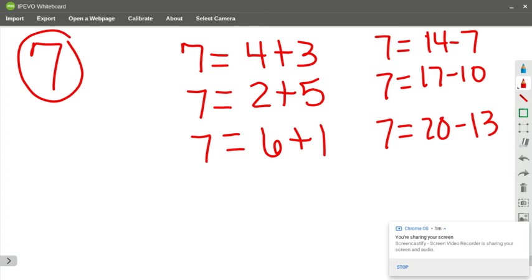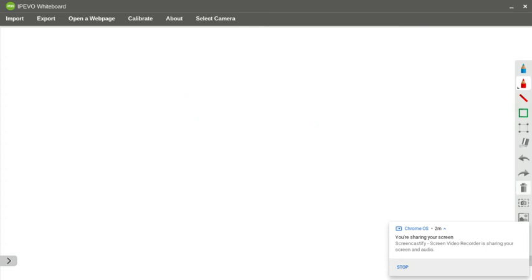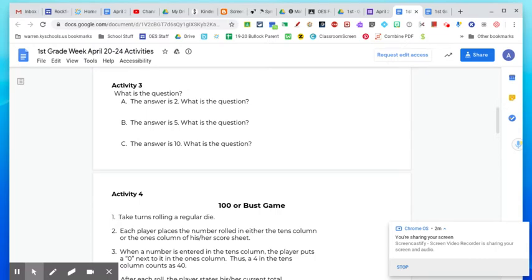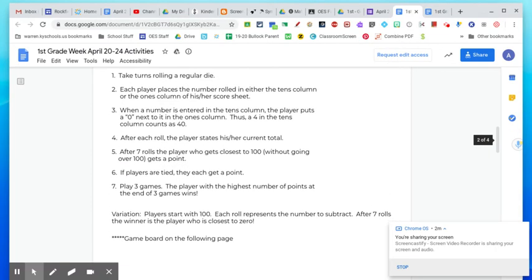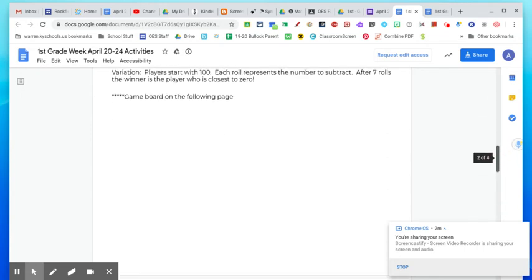We're going to go ahead and look at activity 4 on this video. And this is a game. If you have a dice at home, it's asking you to roll the dice with a partner or someone you can play with, and you are to put the number you roll into the columns on this next page.